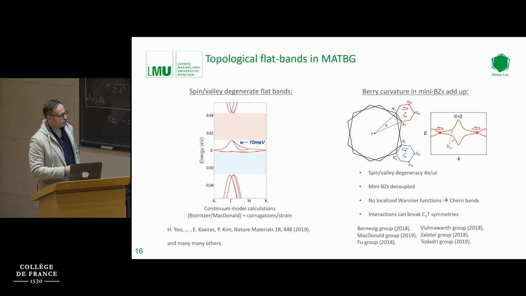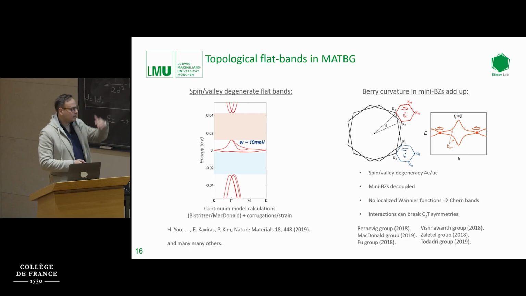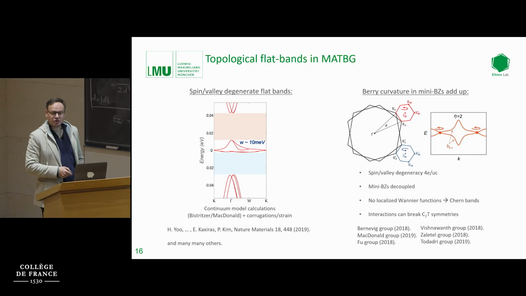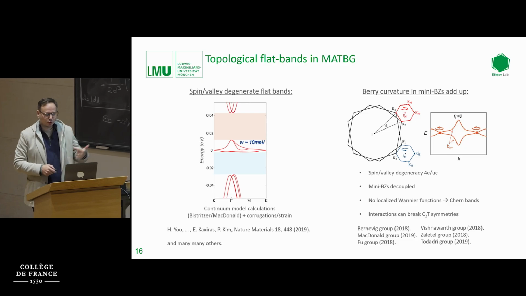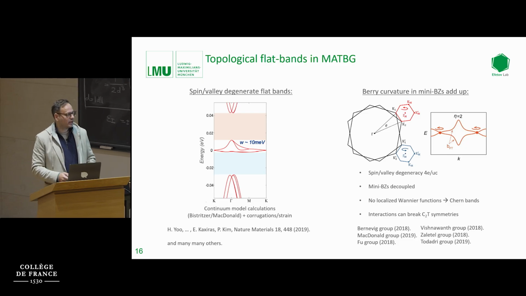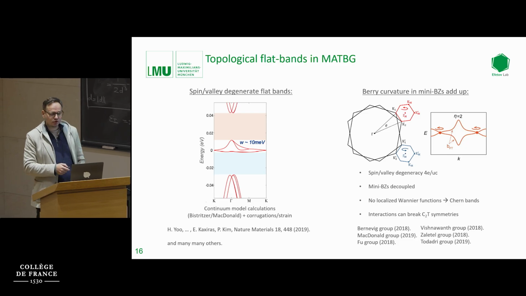Therefore, if you try to integrate the Berry phase in such a Brillouin zone, you don't get a vanishing result. In single layer graphene, K gives you a positive Berry curvature and K prime gives you a negative Berry curvature. If you integrate it, they cancel each other out. But here, these two Berry curvatures are of the same sign in each of those mini Brillouin zones. Therefore, the total Berry curvature gives you a Chern number which is non-zero.